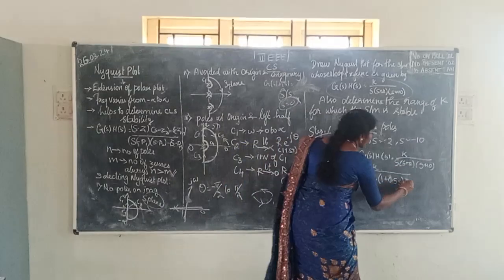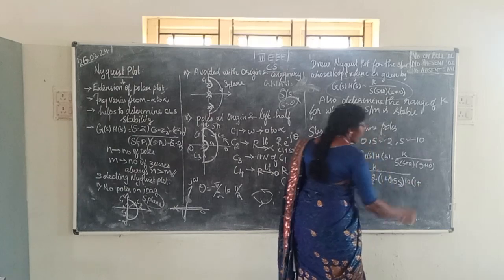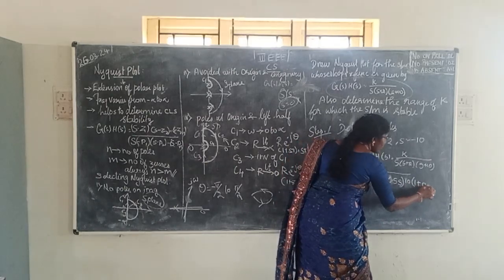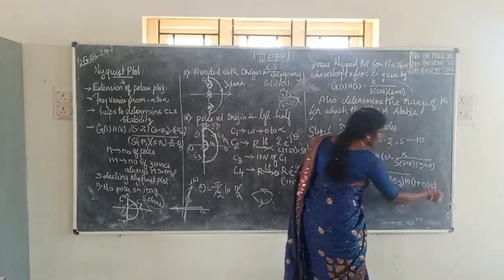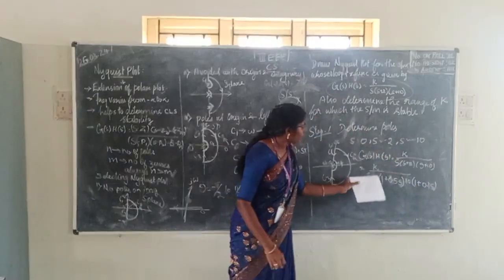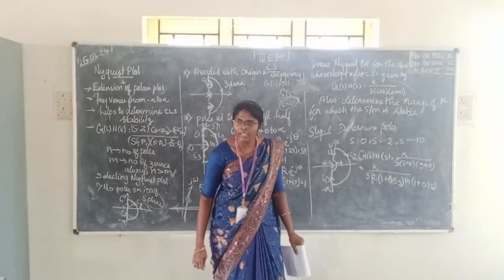The next step, I should take the value 10 outside. So 1 plus S by 10, 1 by 10 is 0.1. So in the denominator, what is the multiplication? 2 into 10, which means 20.